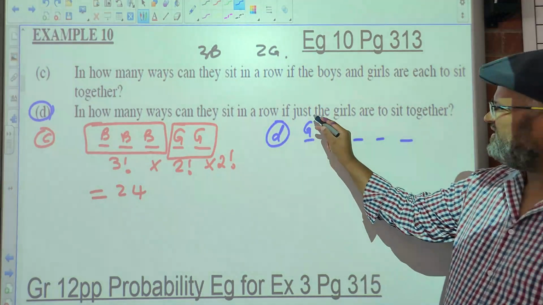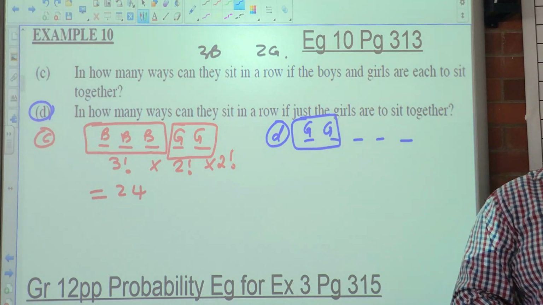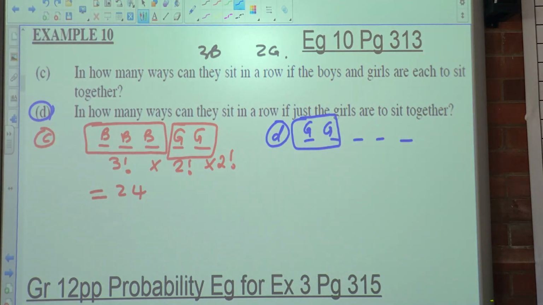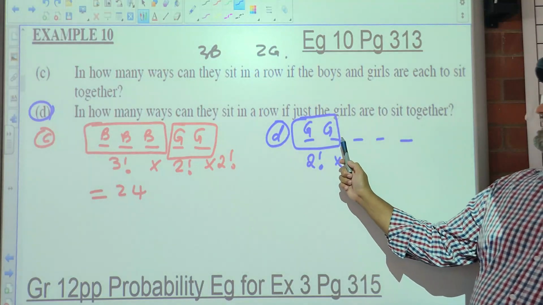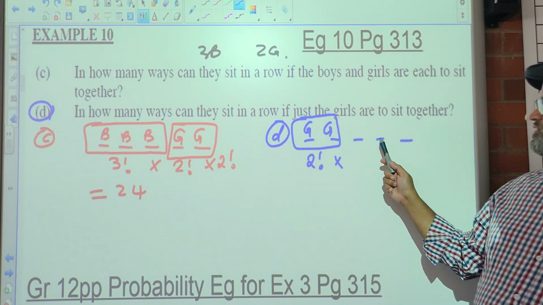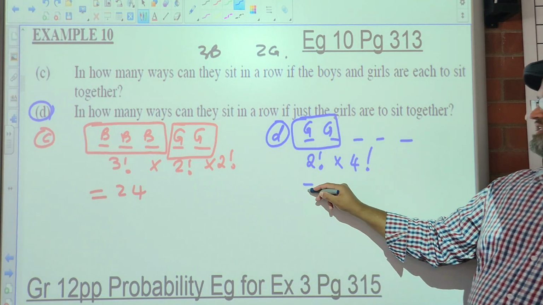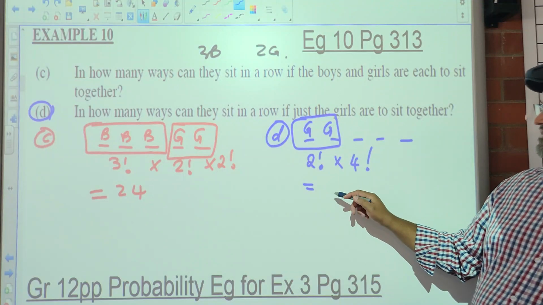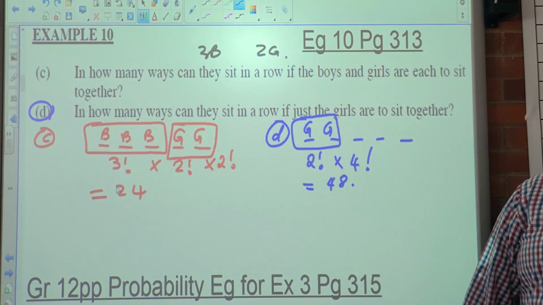So what do we do? I bind them. So how many ways can the girls sit together? 2 factorial. Multiplied by how many bits are there now? This is now 1 bit. Not so. So it's 1, 2, 3, 4. It times by 4 factorial. Which is 48. We did that calculation already.